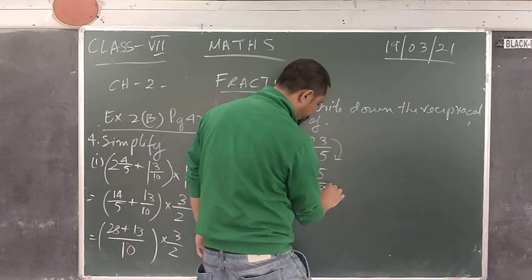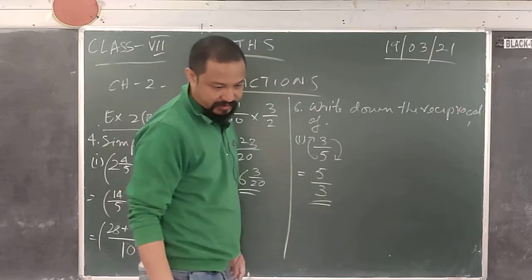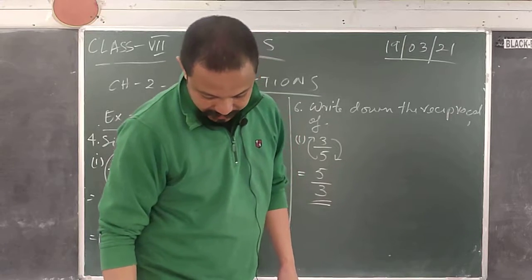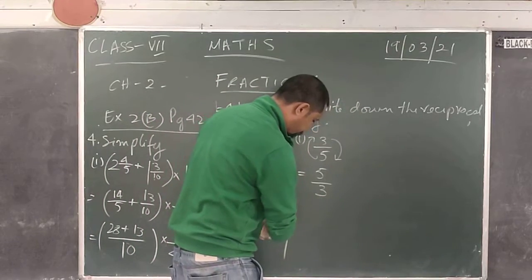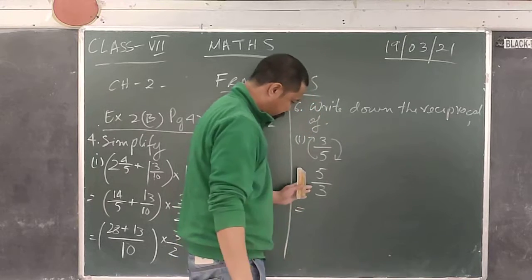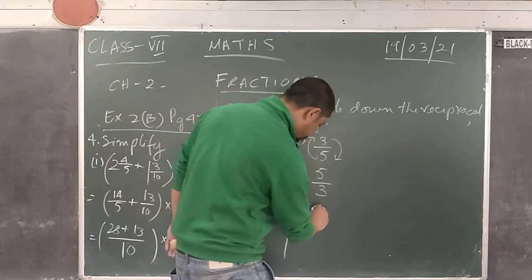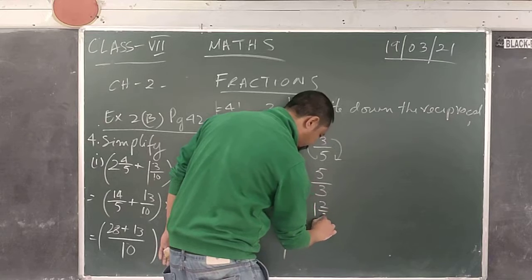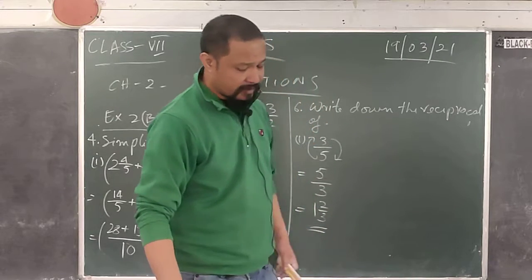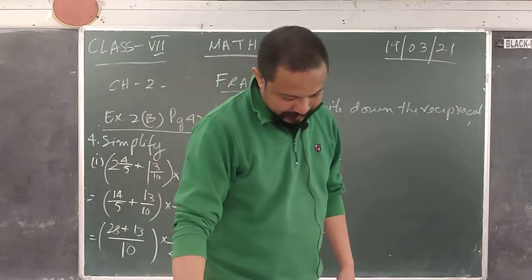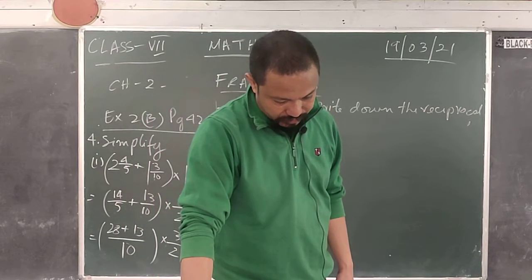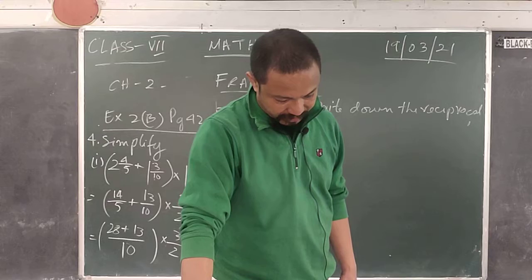So 5 by 3. Okay, so that's the reciprocal, right? So this is an improper fraction. Again, we'll convert this. I don't know whether it's the answer in the book, but by my standards, I don't like it this way, so it's better to present it as a mixed fraction, unless the question says you can write it in improper fraction format. Okay, so you will do number 2 and 3 as homework.